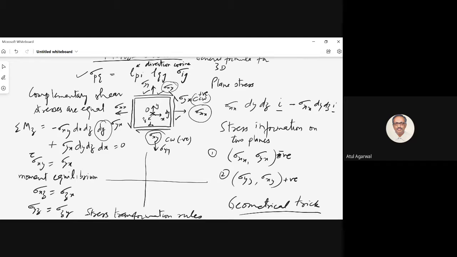If you follow the way I am drawing the Mohr circle, whatever results you get will be seen to obey your stress transformation rules. So it is just a trick to get the right answers. If you don't follow that procedure, you will not get the right answers. That's all. You can't see logic here.